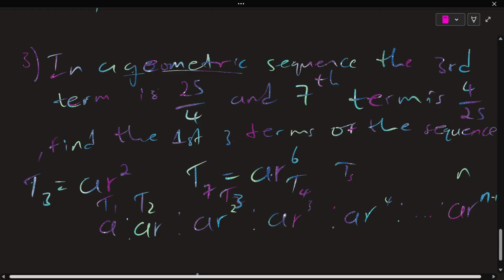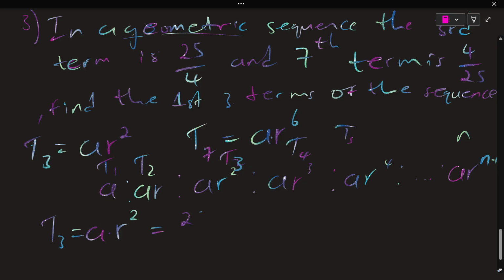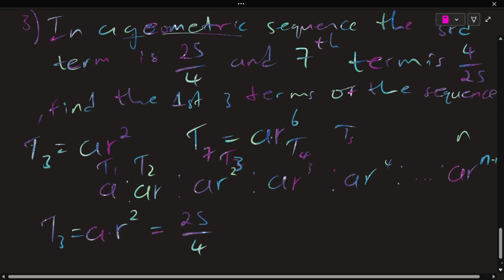That's why I'm saying that the third term equals a multiplied by r to the exponent 2.